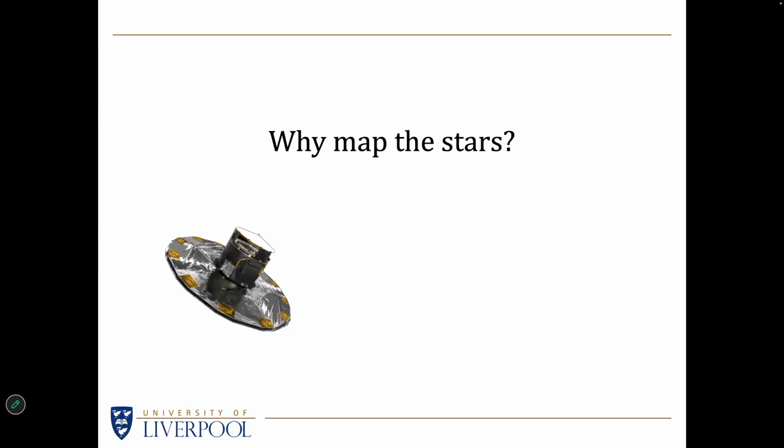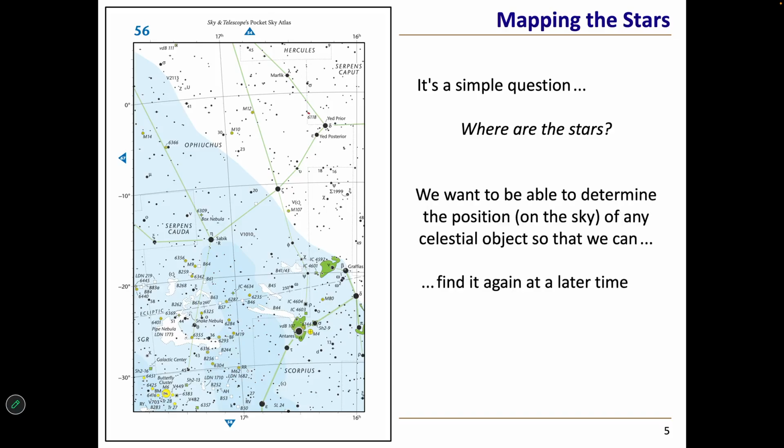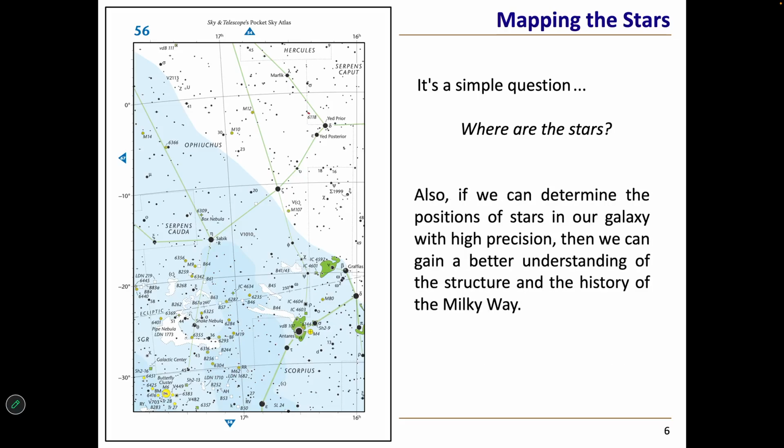So to start with, why map the stars? Well, there's the very trivial reason that we want to make star atlases, so we want to know where the stars are, so that we can find things at a later date by going back to a star atlas, and we can tell if something has moved or changed brightness, and we can tell if new objects have appeared. But you could argue that's a rather trivial reason for wanting to map the stars.